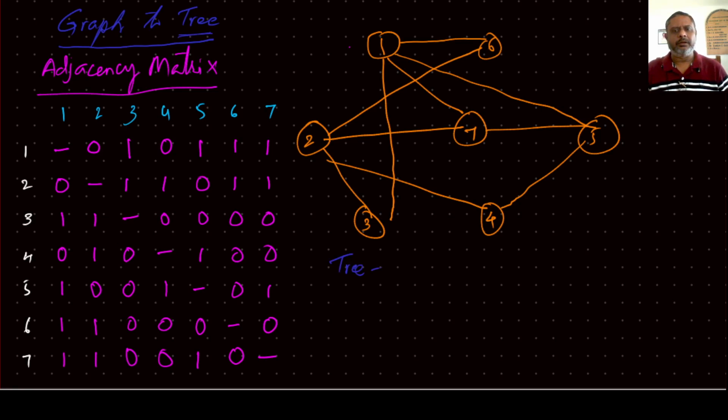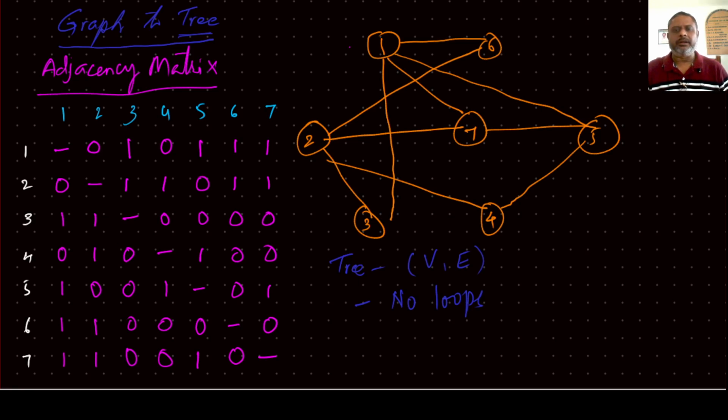Tree is a structure which has got a set of vertices and set of edges as the graph contains, but the difference between tree and graph is in tree there will not be any loops. So no loops are present in the tree. That means there won't be any closed loop.